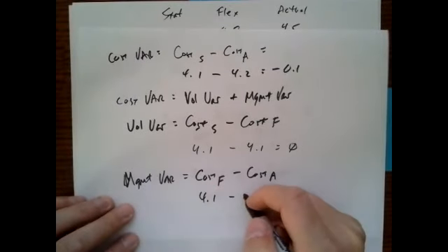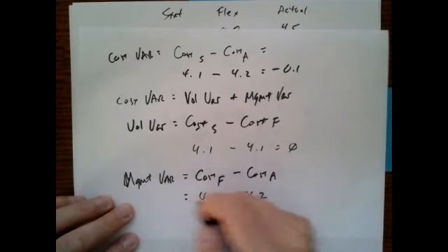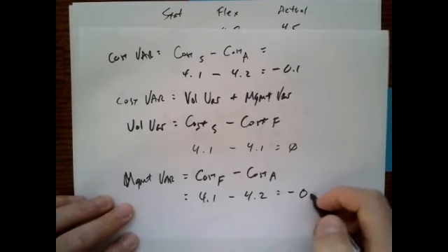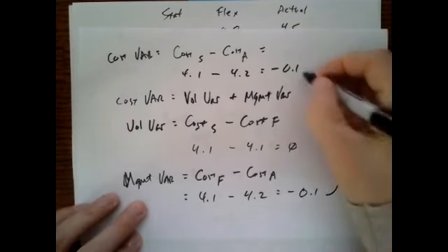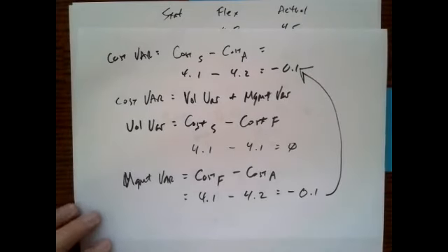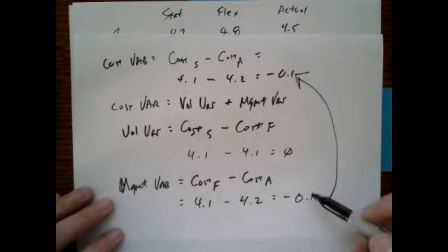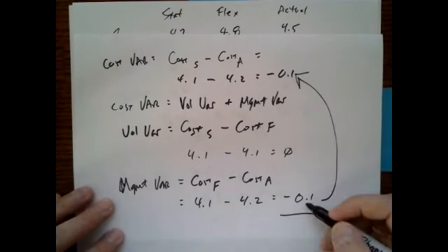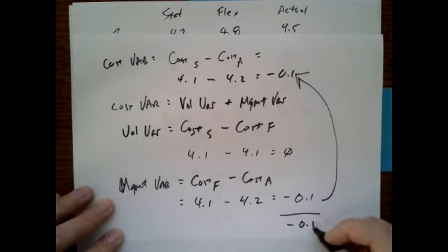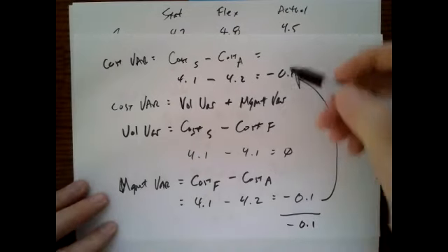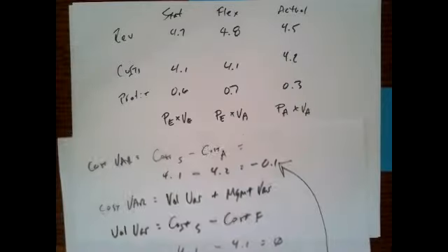So 4.1 minus 4.2 gives us negative 0.1, which matches back to our original cost variance, right? So when we add the volume variance and the management variance together, 0 plus negative 0.1, we get negative 0.1, which matches the original cost variance.